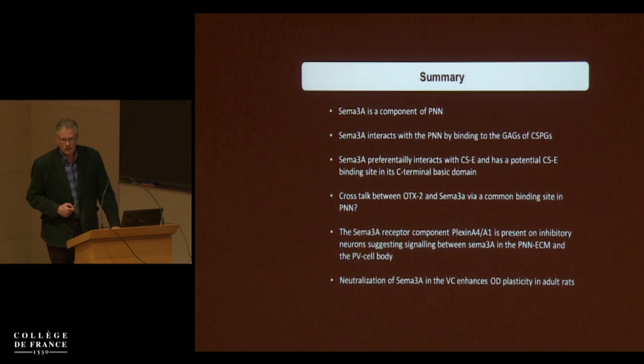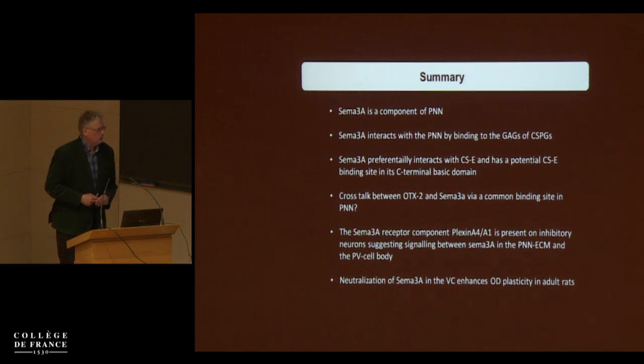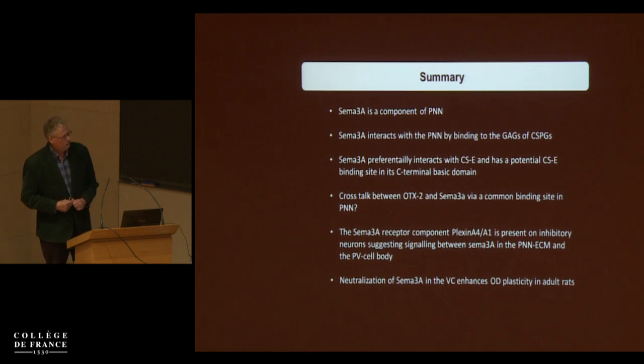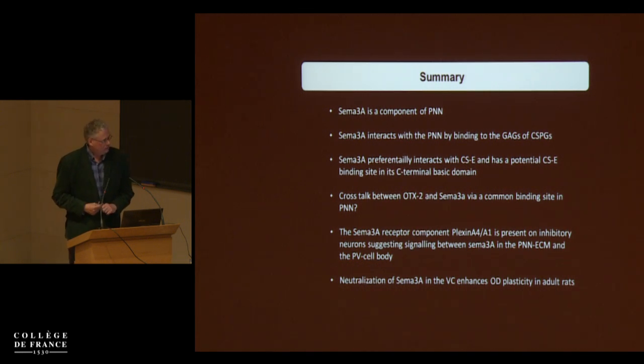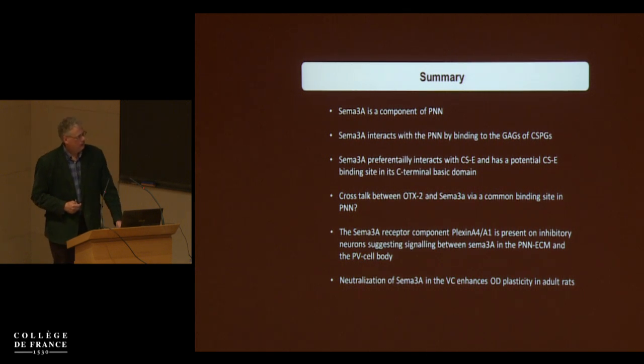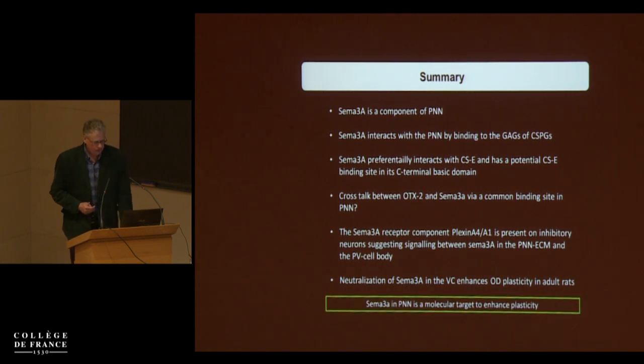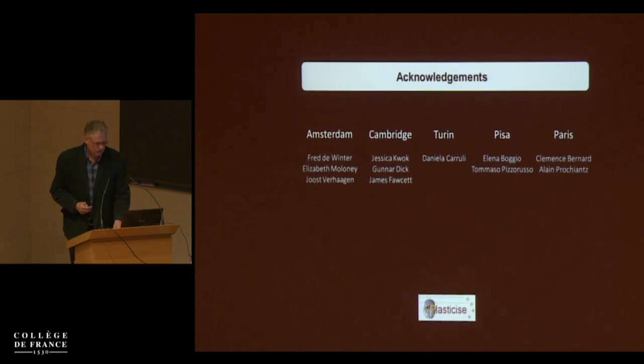The SEMA3A receptor component, plexin A4, is present on inhibitory interneurons, suggesting signaling between SEMA3A in the net, the ECM, and the PV cell body, and neutralization of SEMA3A in the visual cortex enhances ocular dominance plasticity in adult rats. So I think that SEMA3A in PNN is a molecular target to enhance plasticity.